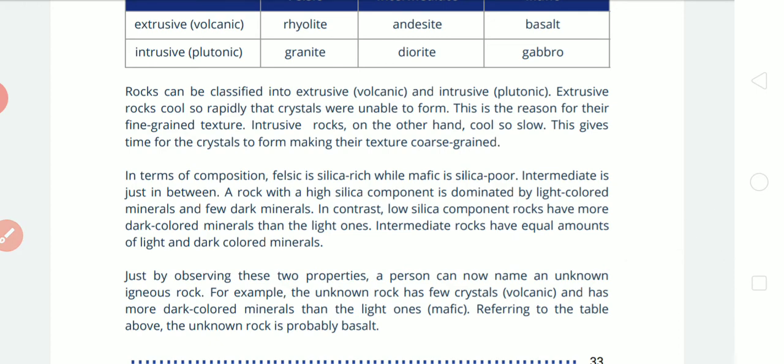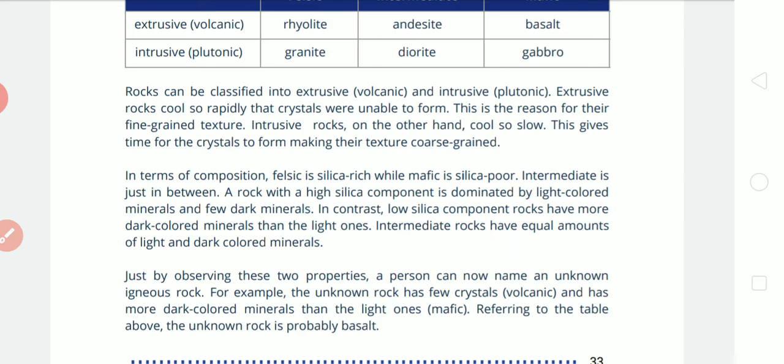Rocks can be classified into extrusive, or volcanic rock, and intrusive, or plutonic rock. Extrusive rocks cool so rapidly that crystals were unable to form. So the fragments of its crystals are very fine or very smooth, just like obsidian.